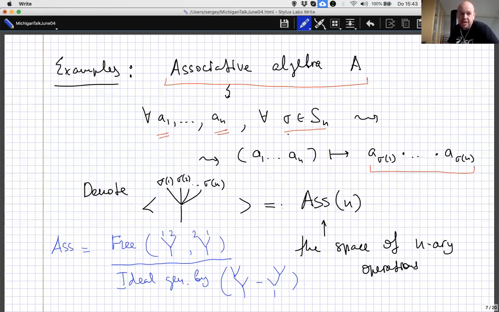So then I can denote this particular operation by, I don't know, this graph, and say that I consider a linear span of all graphs like that. So this would be my S_n, the space of operations of arity n in the operad that controls associative algebras.